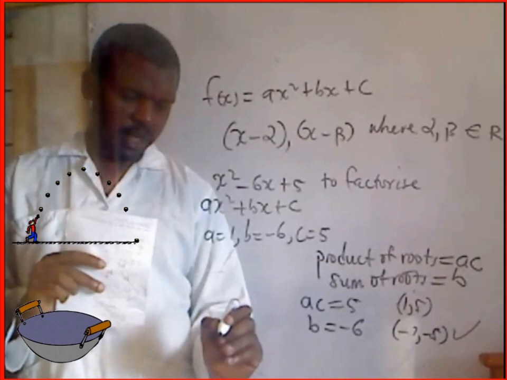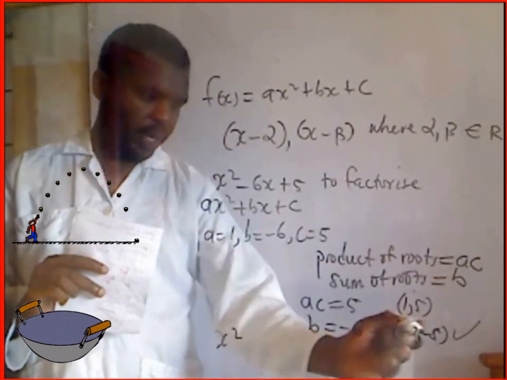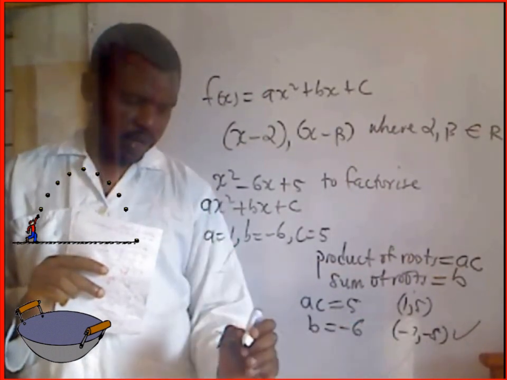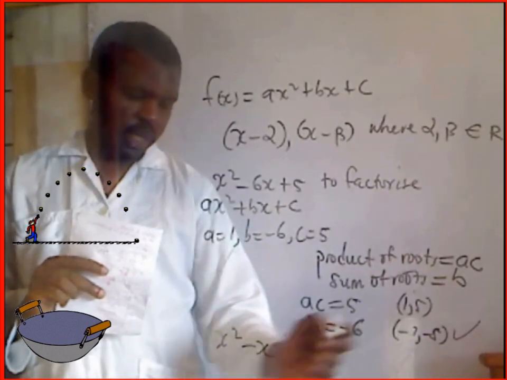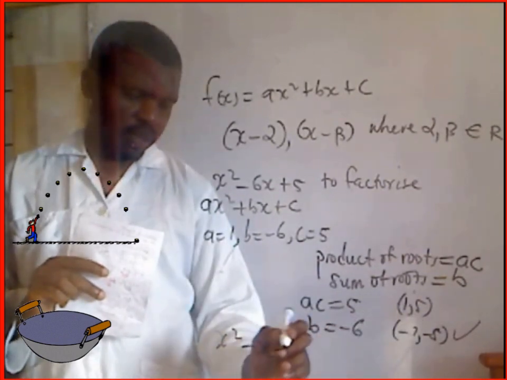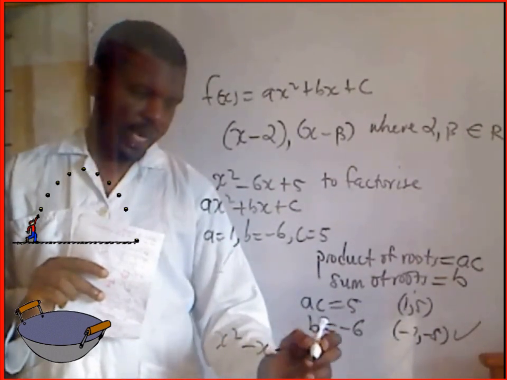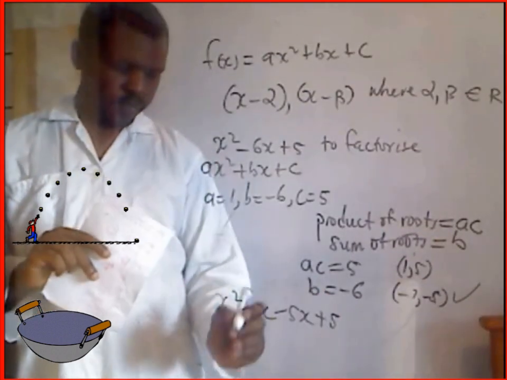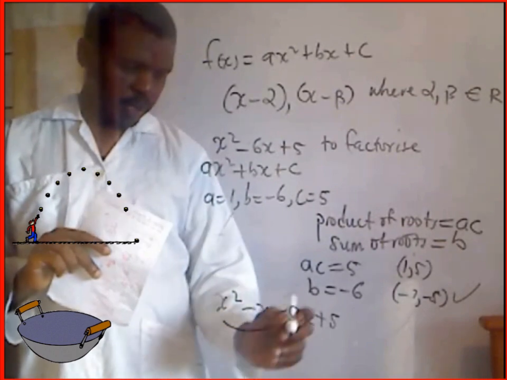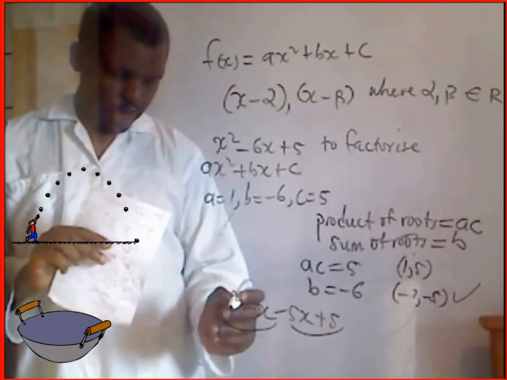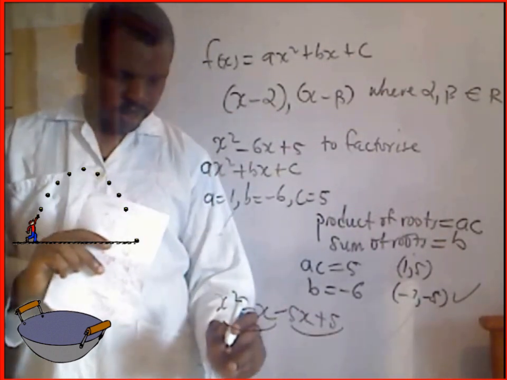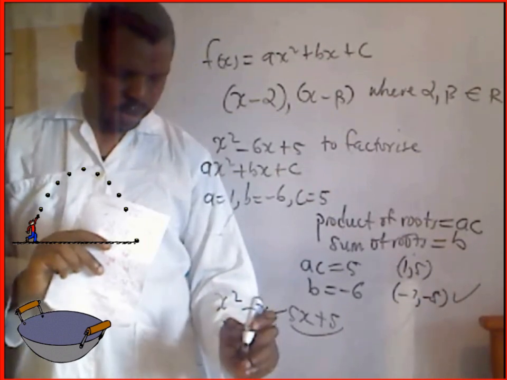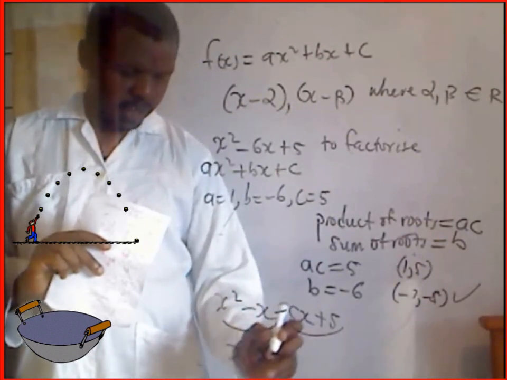So this will give me x squared minus x minus 5x plus 5. I'll factorize the first two. After that, I factorize the next two. What is common between these first two terms? x is common. It goes, x times x minus 1.